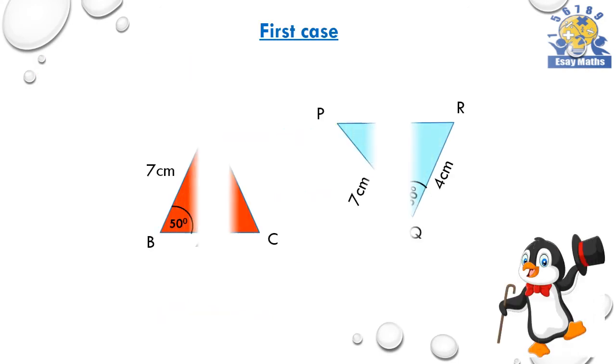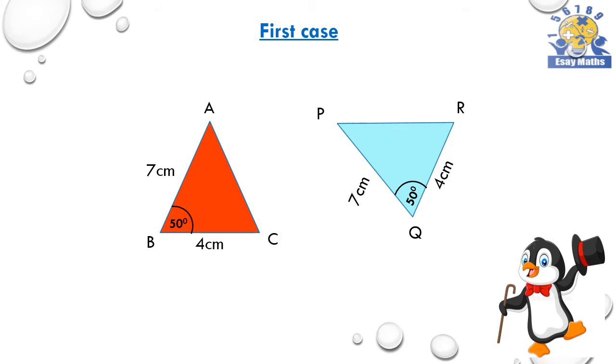First case. Here you can see a pair of triangles. The first triangle is named ABC and the second triangle PQR. In the first triangle, one side is 7 centimeters and the other side is 4 centimeters.